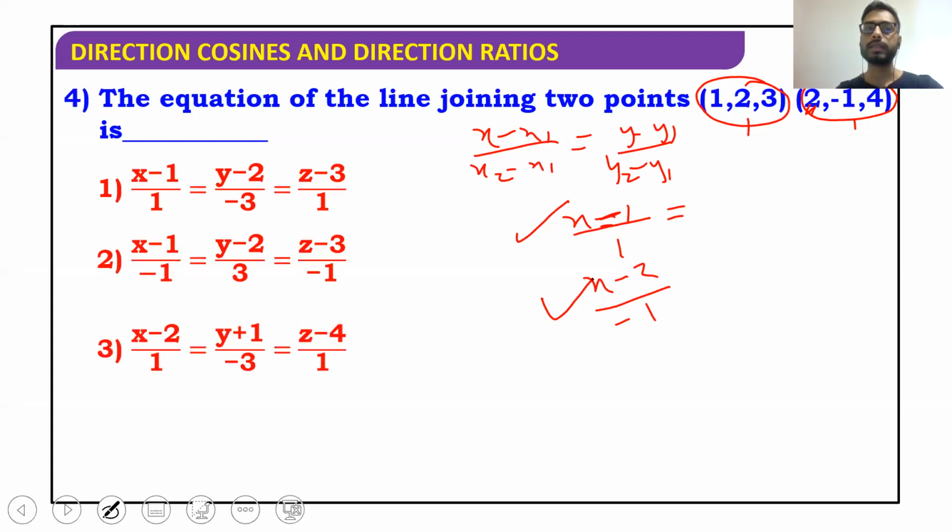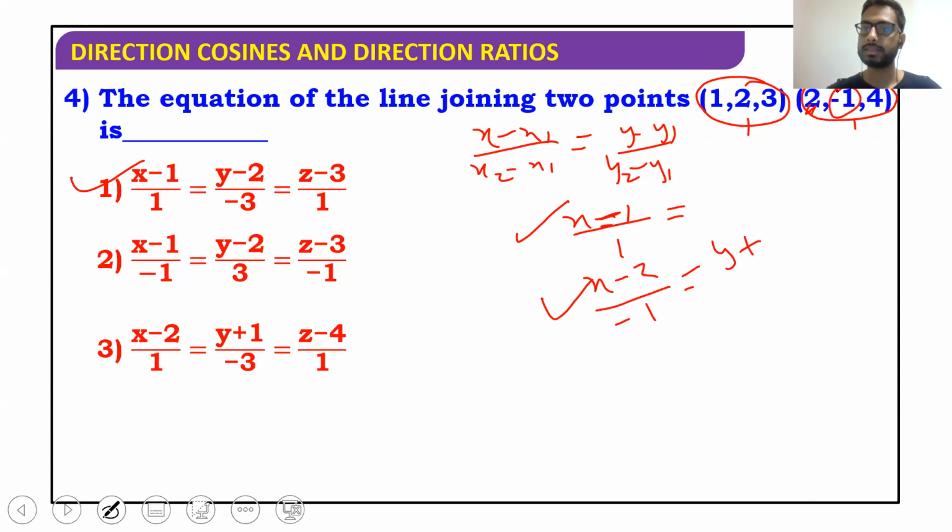So in this particular case, which is the equation of the line? As we have seen, x minus 1 upon 1 is an equation of the line, and x minus 2 upon minus 1 is also an equation of the line. If I take the other part, it is going to be y minus y1.